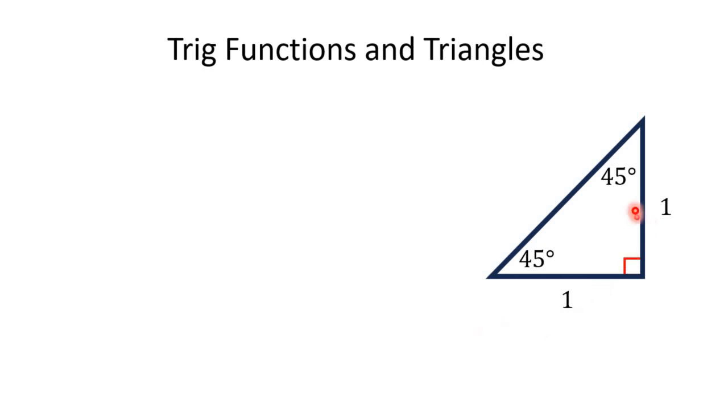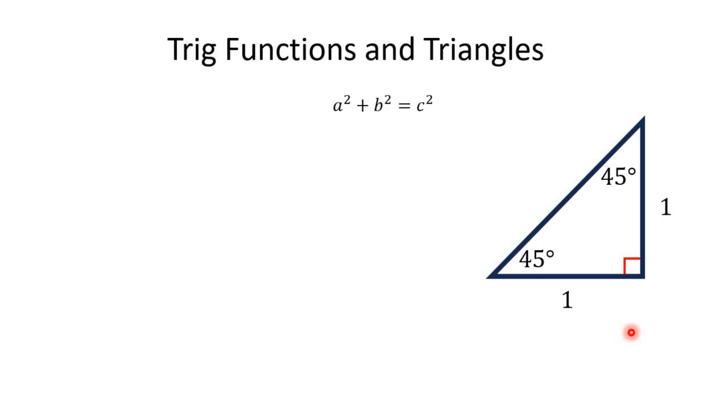If you have a 45-45-90 triangle, that means it's an isosceles right triangle we're looking at specifically here. And this isosceles right triangle has 1 unit for the base and 1 unit for its height. We can use the Pythagorean theorem to find the other side, the hypotenuse.